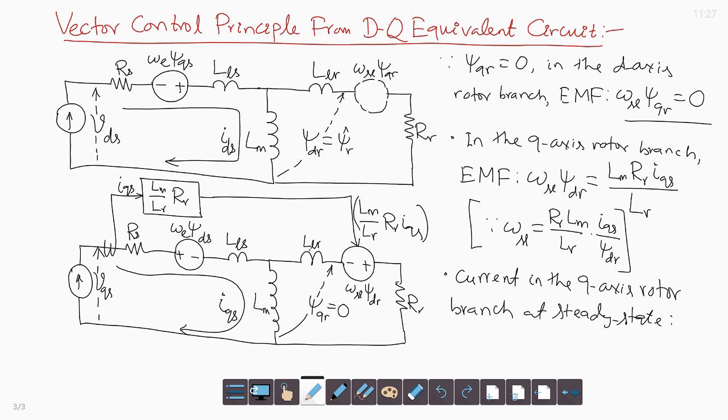So, current in the Q axis rotor branch is omega SL psi dr by RR. So, it is Lm by LR into IQS. So, that you can show here. This current is Lm by LR IQS.